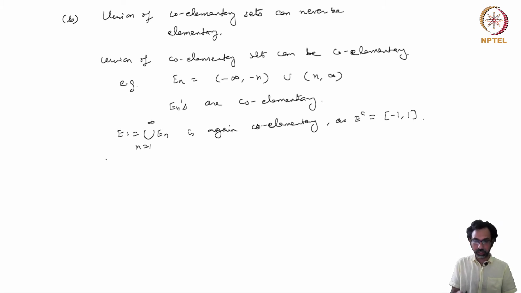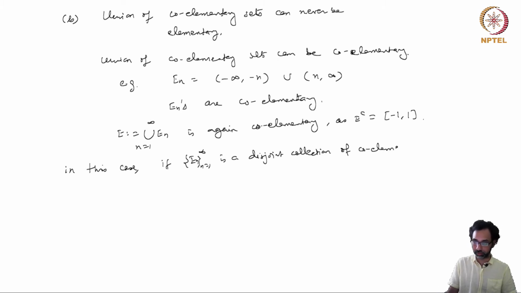So for the second case, if En is a disjoint collection of co-elementary sets, which implies that the union, n equal to 1 to infinity, is always a co-elementary set.